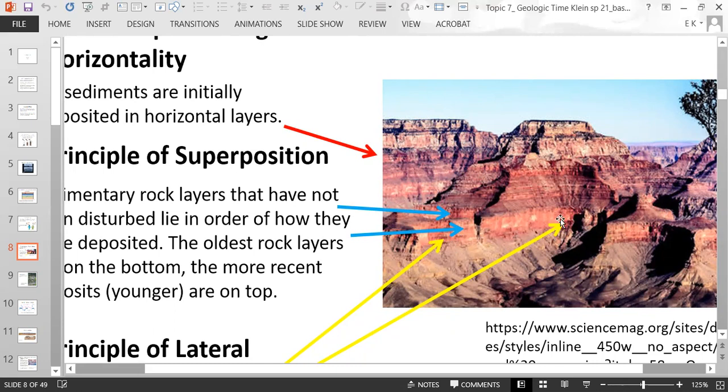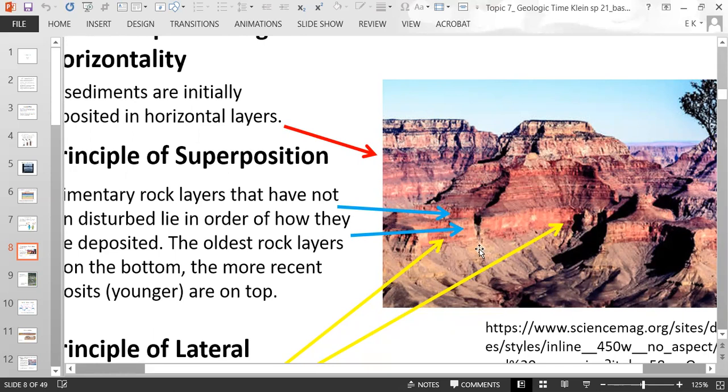So we're going to assume that the rock over here by the yellow arrow to the right is the same age as the rocks next to the yellow arrow to the left. Okay, these are the same age rocks. And that's because we're seeing that it is continuous. It's one continuous rock layer.